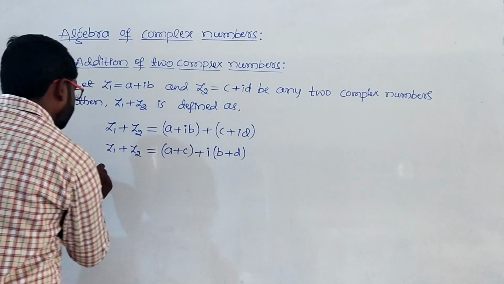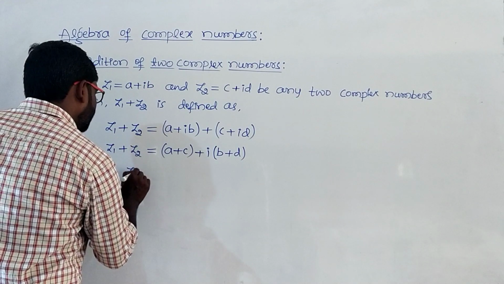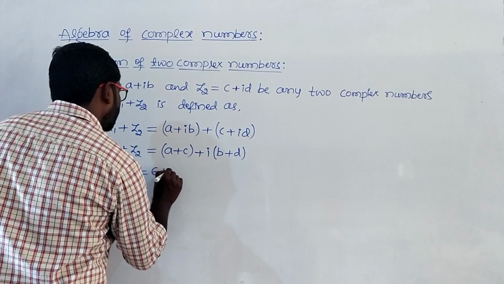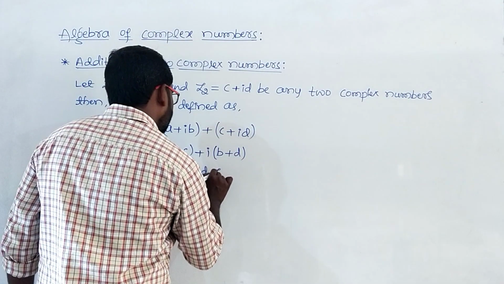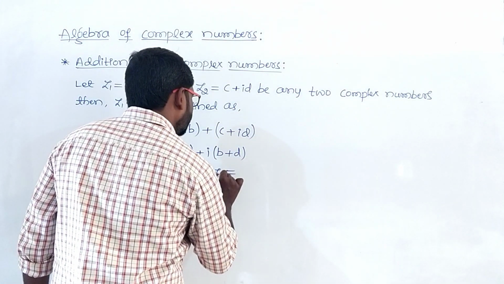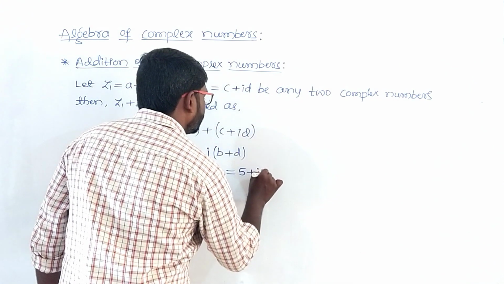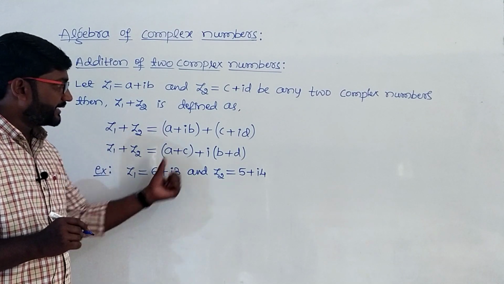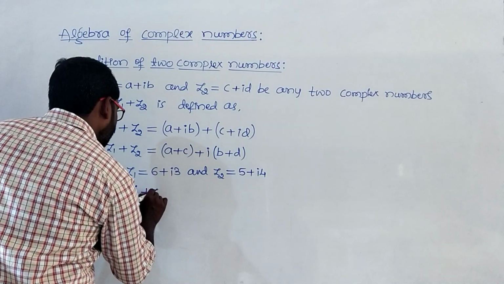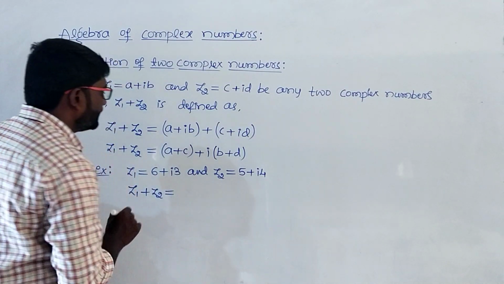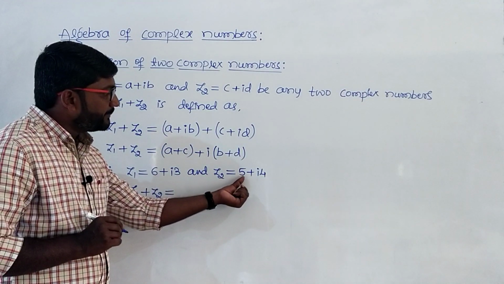Let me give an example for this. Z1 equals 6 plus i3, and Z2 equals 5 plus i4. Let us go for Z1 plus Z2 now. This is in the form of A plus iB, and this is in the form of C plus iD.